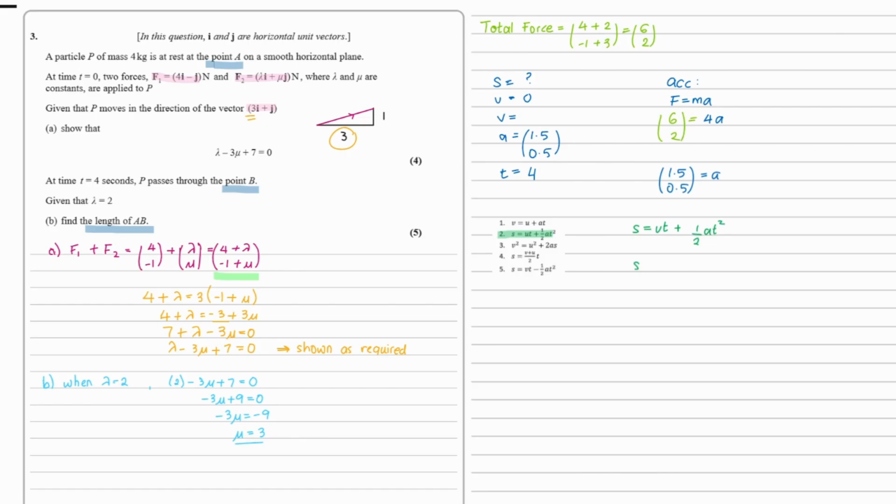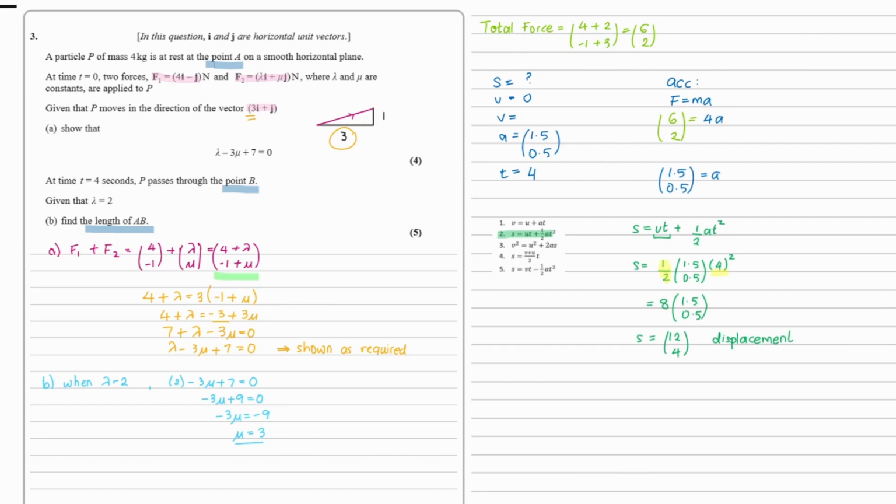So we can put s, and because the initial velocity is 0, this whole part becomes 0, and therefore we can just substitute the a, which is 1.5 and 0.5, and the t, which would be 4, and this is squared. So we know that 4 squared is 16, and if we halve 16, that gives 8. So we are multiplying 8 by 1.5 and 0.5, and this then gives us 12 and 4. So the displacement that we got is 12 and 4.